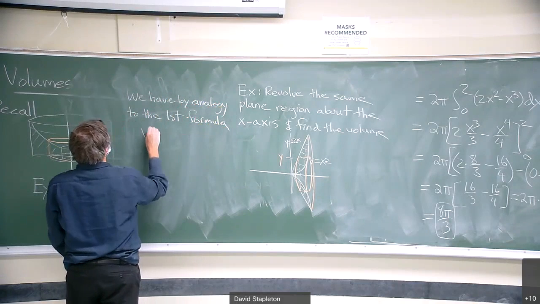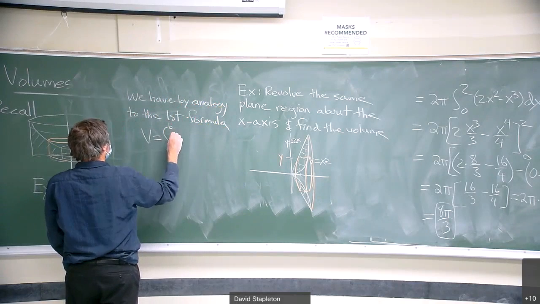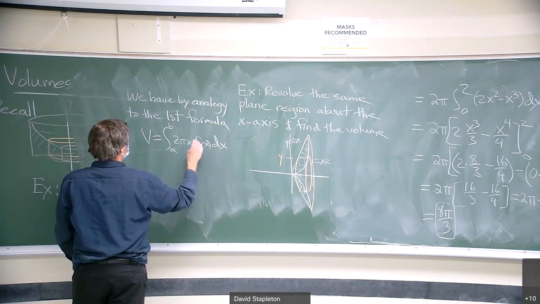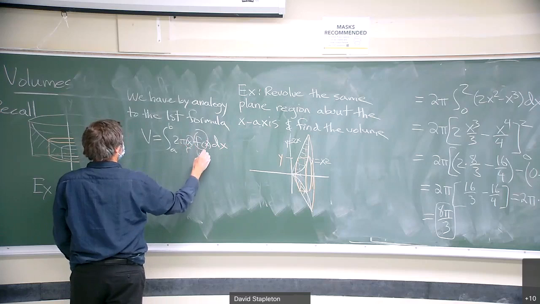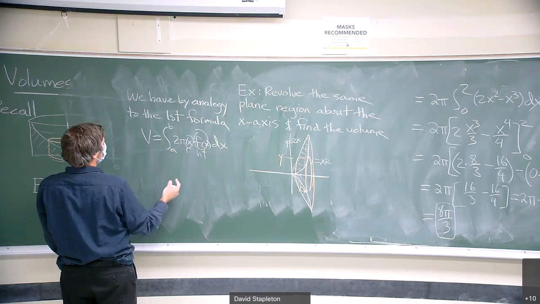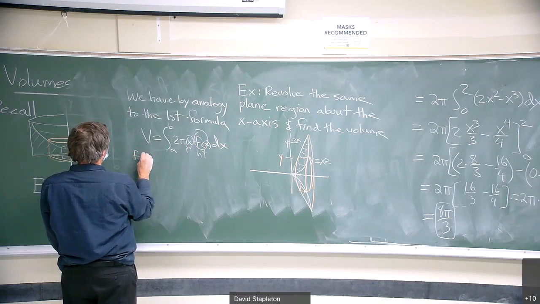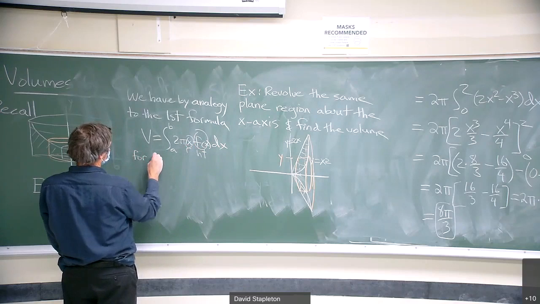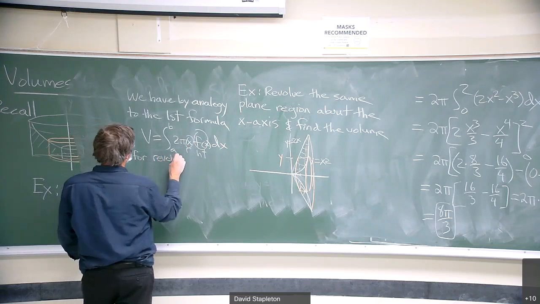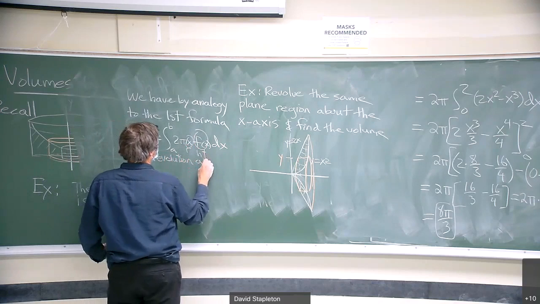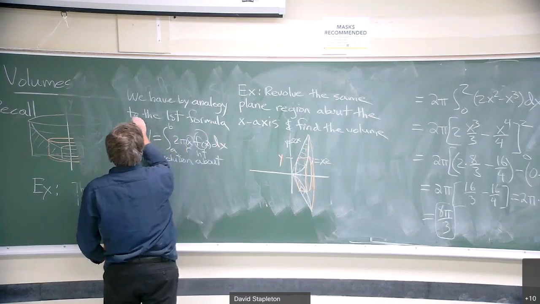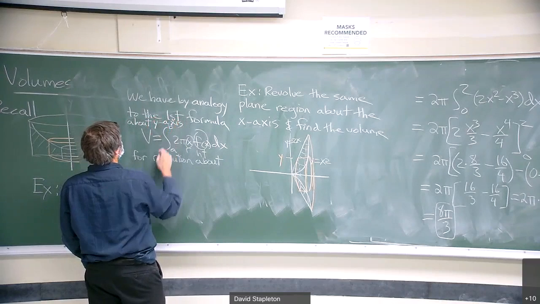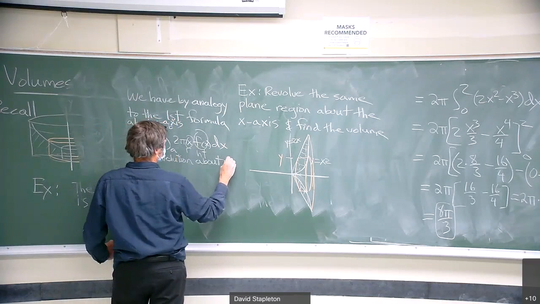The first formula was volume equals integral a to b of 2 pi x f of x, again 2 pi radius height, for revolution about the y-axis. Revolution about the x-axis.